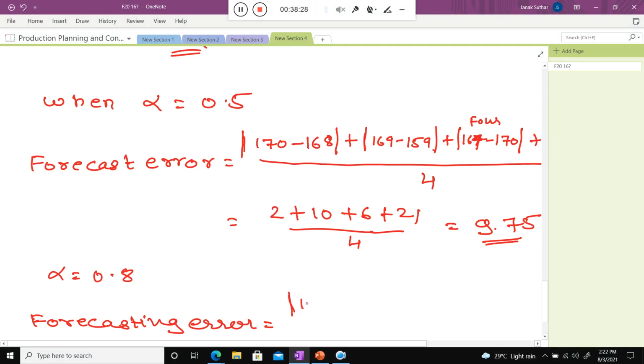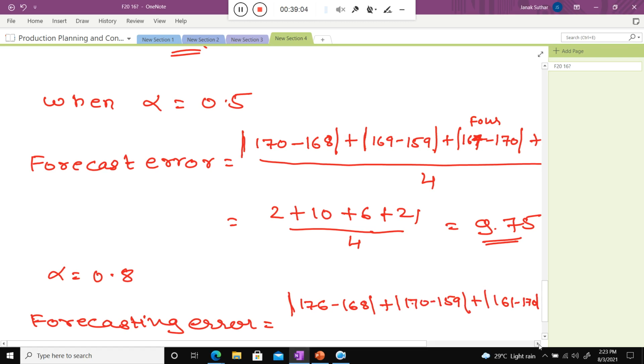The next thing 168 minus 188, divided by 4.